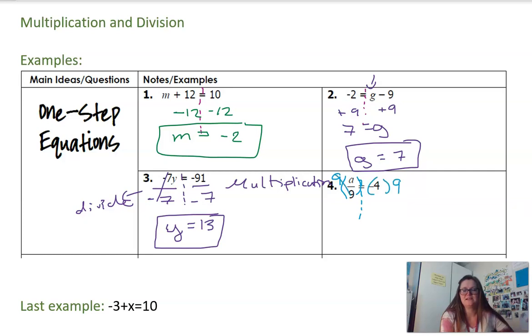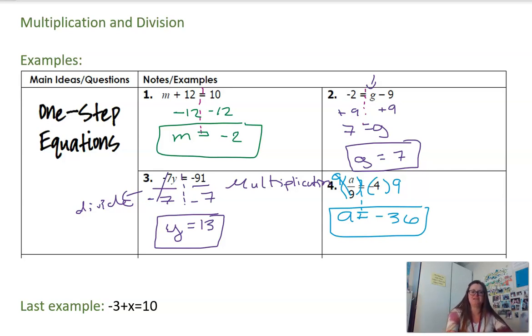So the 9s cancel, again becoming 1. So we have 1a, which is just a, equals negative 4 times 9, which is negative 36. And again, just to check, negative 36 divided by positive 9 is going to be negative 4. This is the best time to check your positives and negatives.